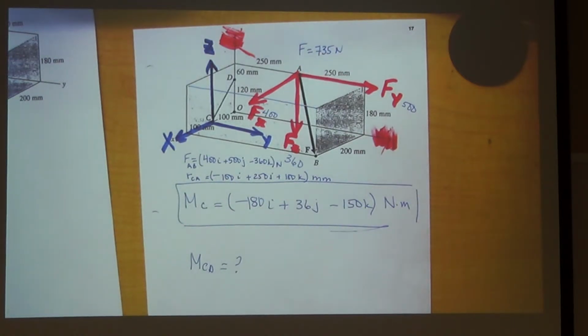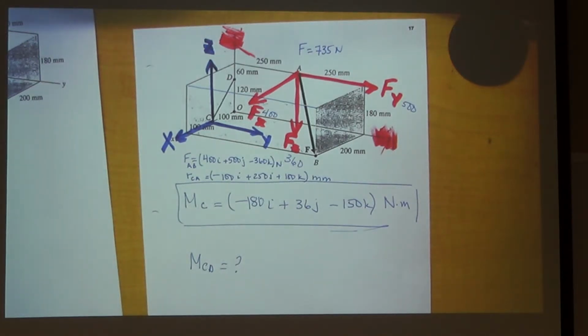Okay, so let's ask a different question. I'm going to step back. I know the force FC, and I want to find the component of it in the x direction. Dot it. So I say FC, and I dot it with what? The unit vector in the x direction, right?